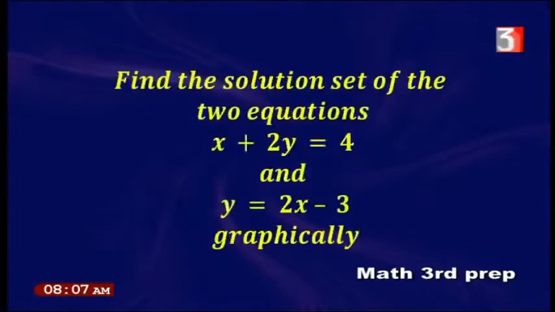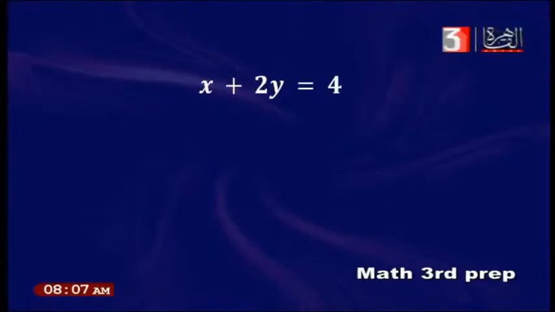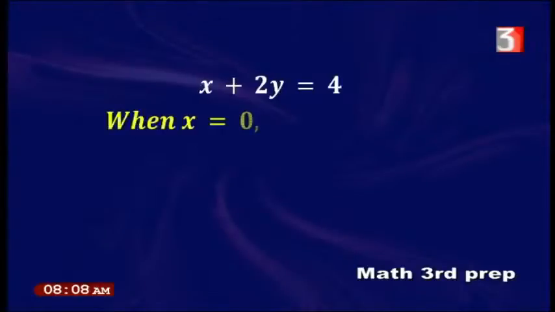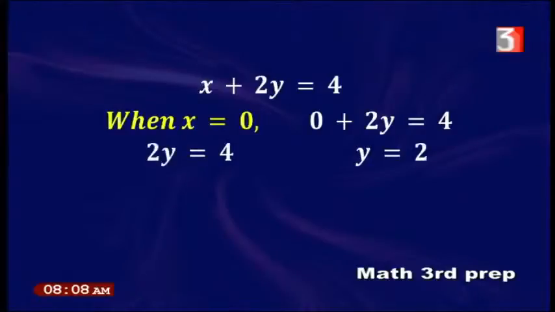Find the solution set of the 2 equations x plus 2y equals 4 and y equals 2x minus 3 graphically. As x plus 2y equals 4, when x equals 0, try to substitute for the value of x in this case equals 0. Then 0 plus 2y equals 4. Then 2y equals 4, and we are going to obtain a result for y of 2. Then the first ordered pair will be 0 and 2.